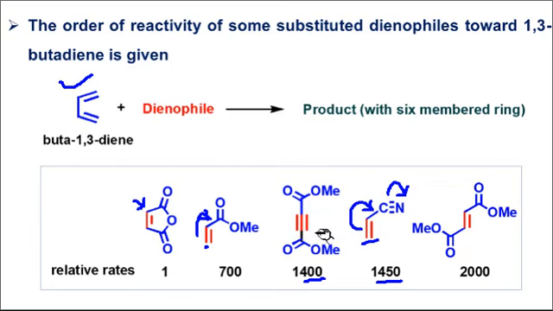A triple bonded system is more nucleophilic than a double bonded system. That's why, despite having two acceptors, this DMAD will have a rate about 1400 times higher than this dienophile, whereas this dimethyl fumarate will have a rate 2000 times higher compared to this one.